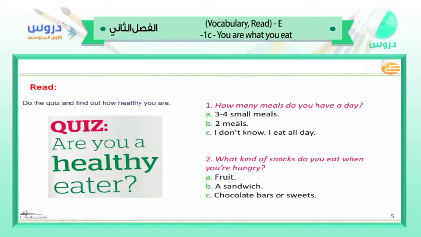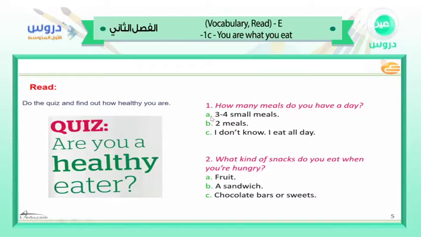A, 3 to 4 small meals. B, 2 meals. C, I don't know, I eat all day. So I want you to choose the answer A or B or C in your book. Try to choose the best answer for you.